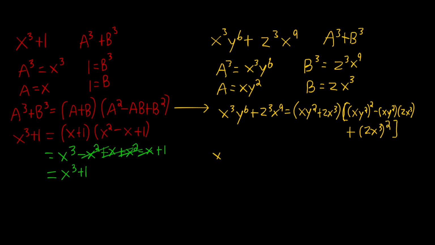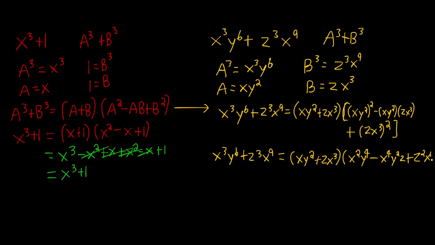When we simplify this, x cubed y to the 6th plus z cubed x to the 9th is equal to xy squared plus zx cubed, times x squared y to the 4th minus x to the 4th y squared z plus z squared x to the 6th right there. So as a final answer, we get that as the factored form of x cubed y to the 6th plus z cubed x to the 9th.